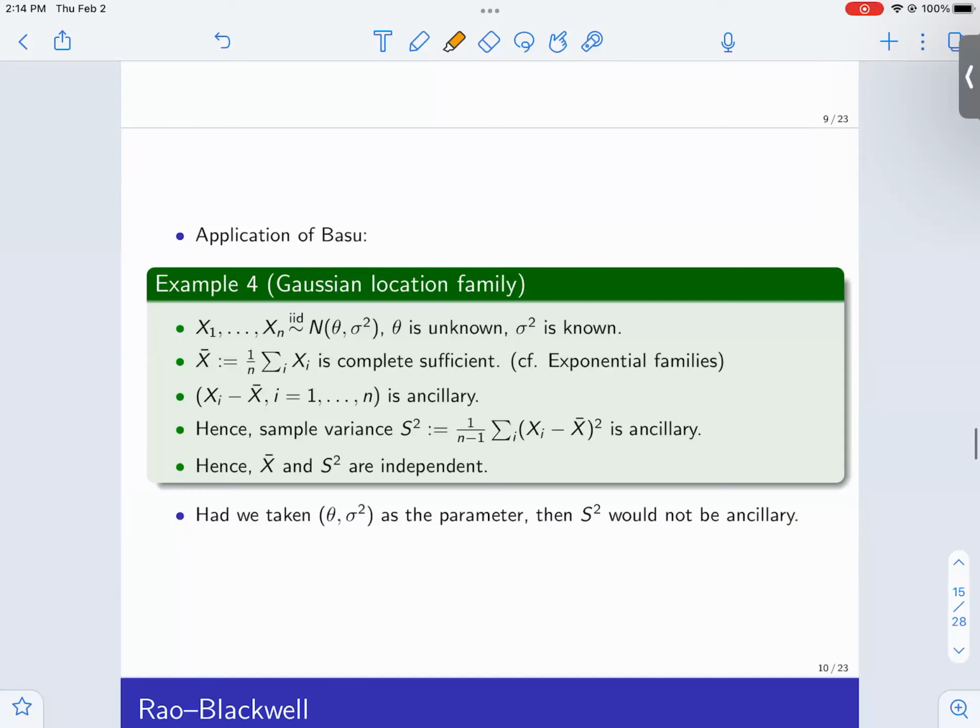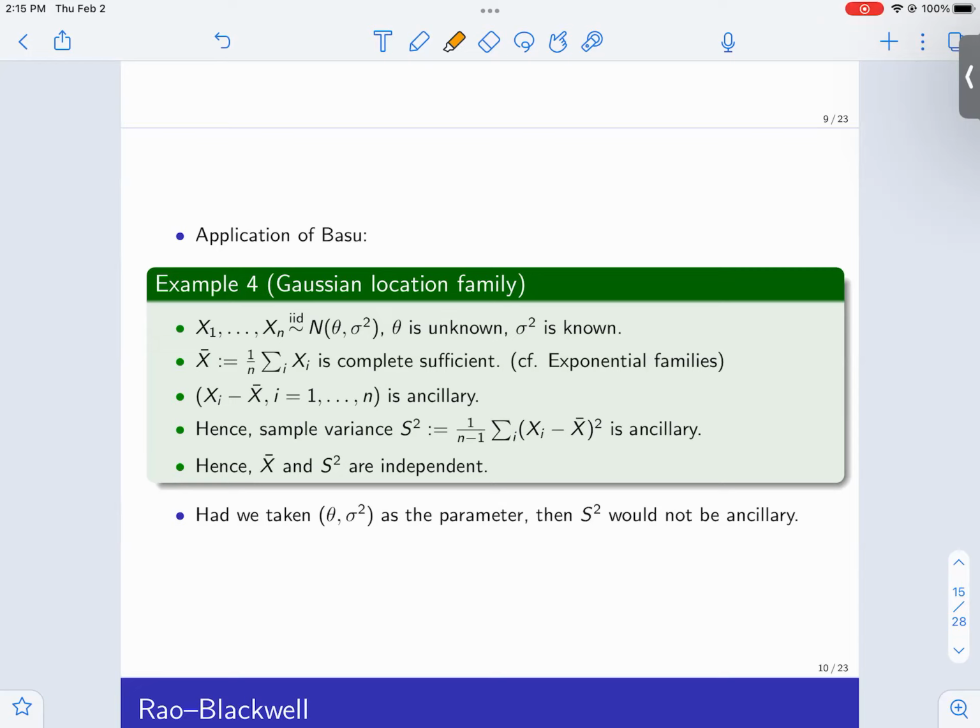And then we talked about this example, which is a classical example. If you have a normal location family and you apply Basu's theorem, theta is the parameter, sigma squared is fixed, and theta is unknown. Now, if I take the average and subtract it from all the xi's, this is going to be ancillary, and the sample statistic is a function of that, so that's going to be ancillary too.